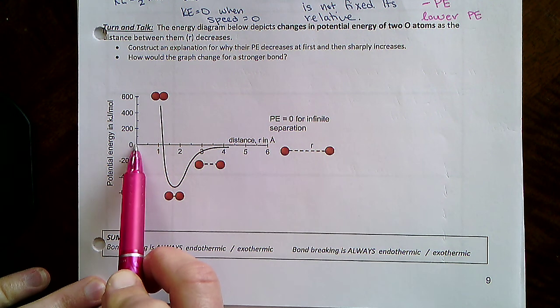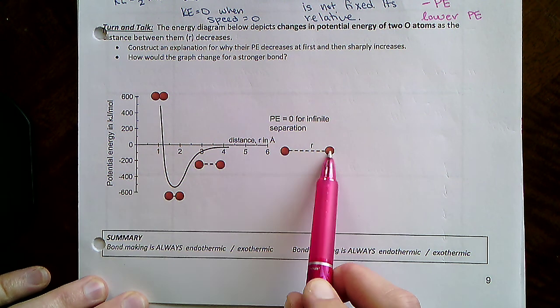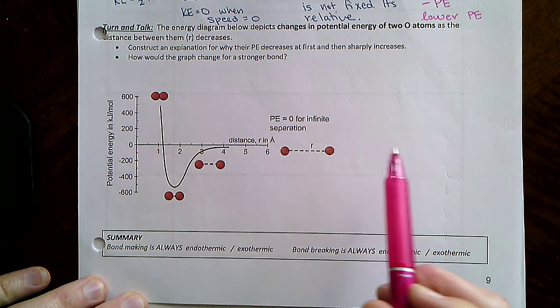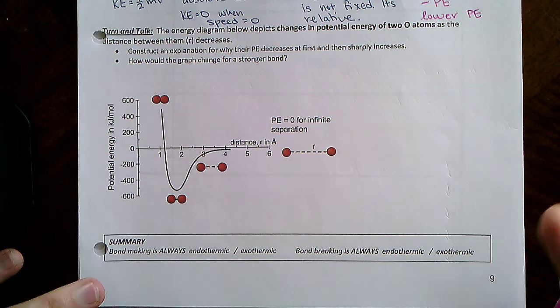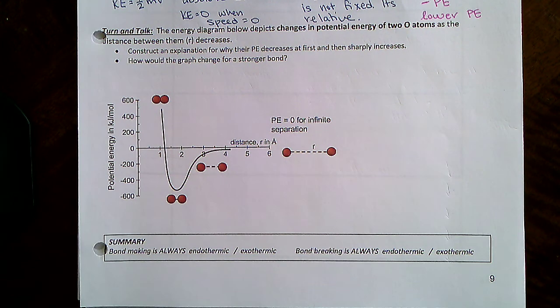So this is where two charged particles are, there's no distance, they're totally overlapping. And way out here is where the distance r is infinity, okay? So potential energy is 0 for infinite separation. We've just defined that.